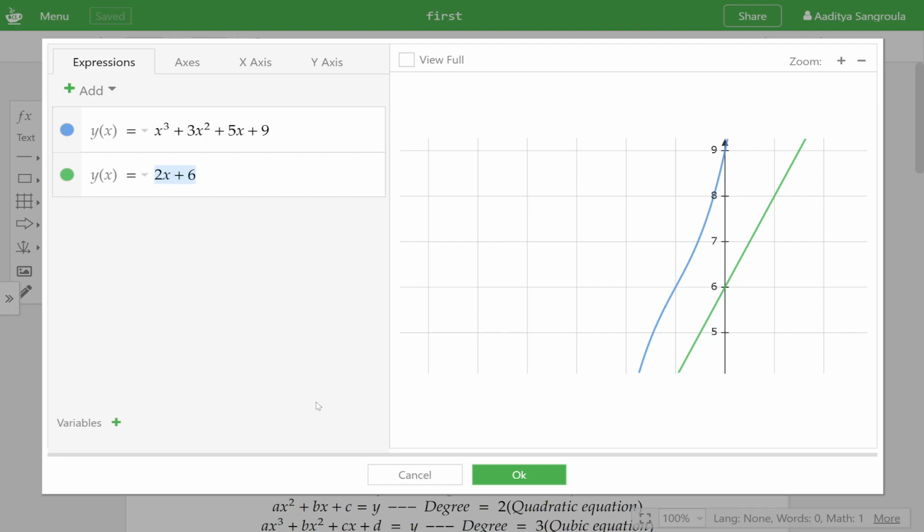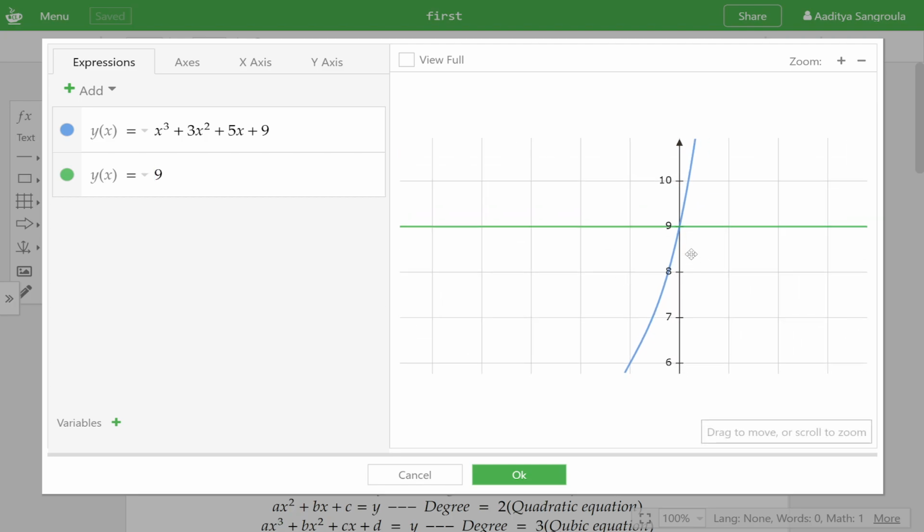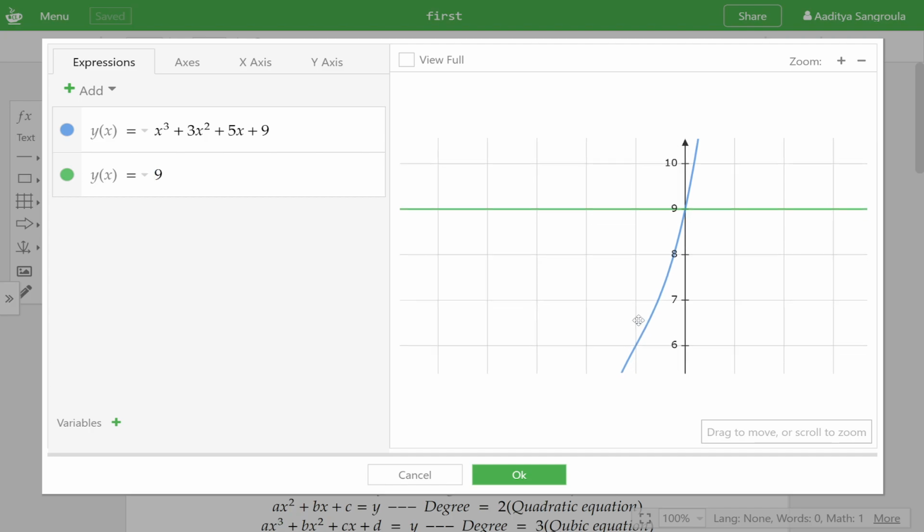So the straight line, which is going to be used as a secant, is going to have the y-intercept of 9, because that's where it cuts the equation where the highest power of x is 3. Now we have already gotten it to one point. Now we need it to cross through different points.